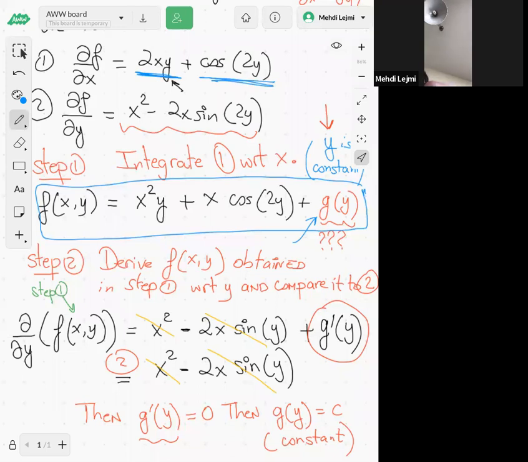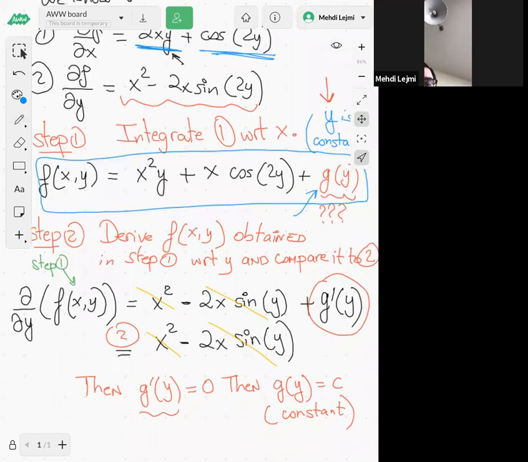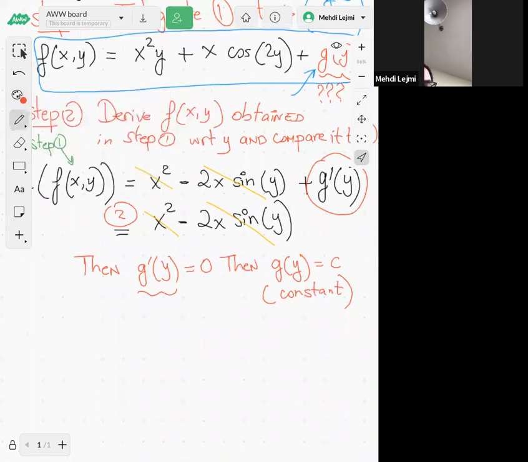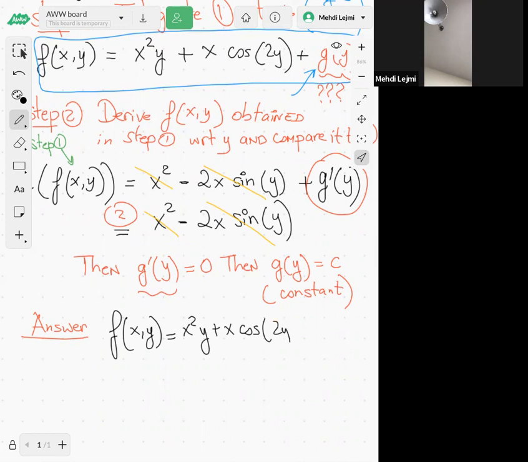Okay, so the answer here, my potential function f, is just x squared y plus x cosine of 2y plus a constant c, where c is a constant. That's my potential function f.